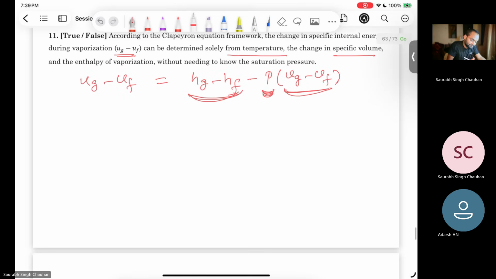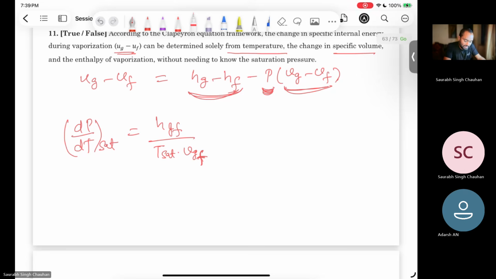From the Clapeyron equation we know that dP/dT at saturation is equal to hfg, the latent heat, divided by T saturation times vfg. So if enthalpy is known, temperature is known, and vfg is known at all the points, and the saturation pressure is known at one particular reference point, then we can calculate it using this differentiation, correct? Am I right?